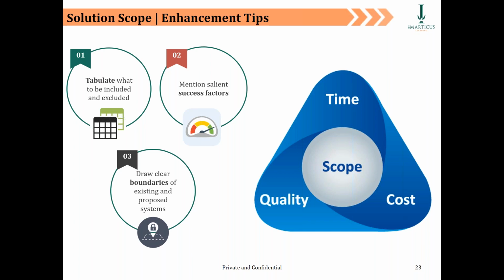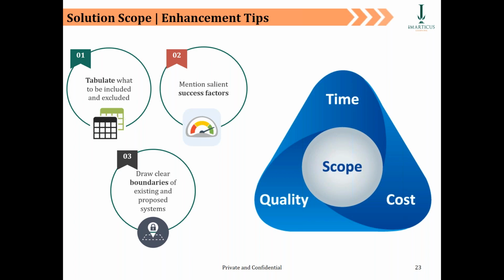Okay. The third part: you need to draw clear boundaries of existing and proposed systems, which means today the client has a certain system landscape, and now they are expecting you to bring in certain new functionalities. Fair enough. So those add-on functionalities will sit in their current landscape systems.